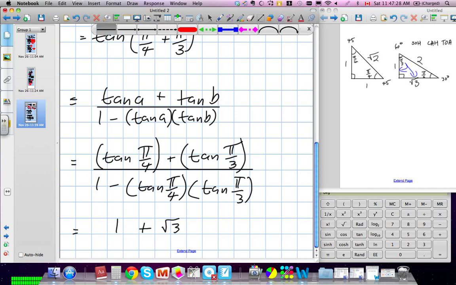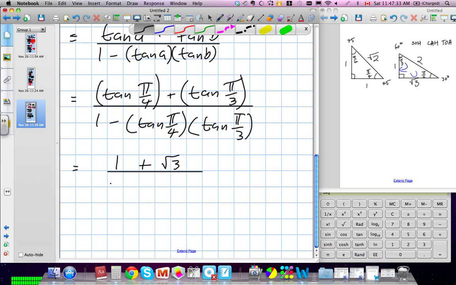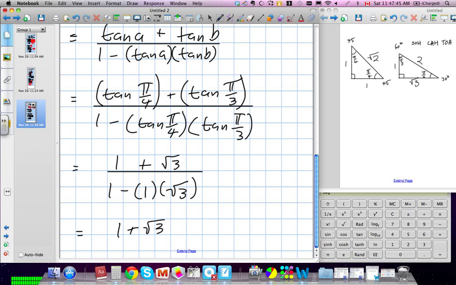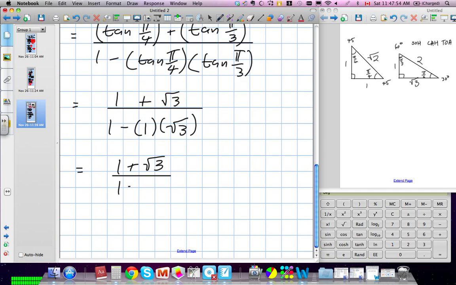Above, in this case we have 1 subtract, and it's going to be the same numbers, 1 times root 3. So in this case, we have 1 plus root 3 divided by 1 minus root 3. Technically, this is our answer, but remember, your teacher doesn't want any roots on the bottom.